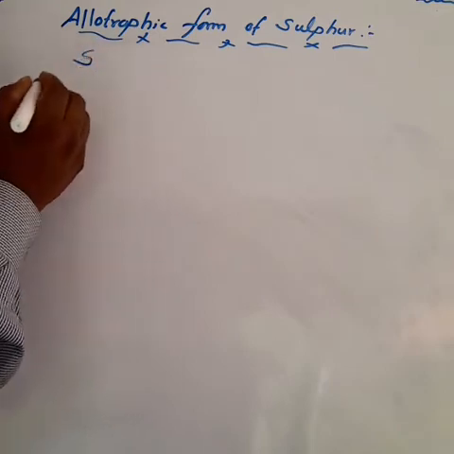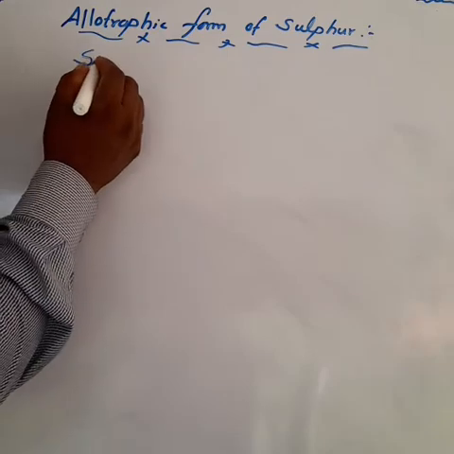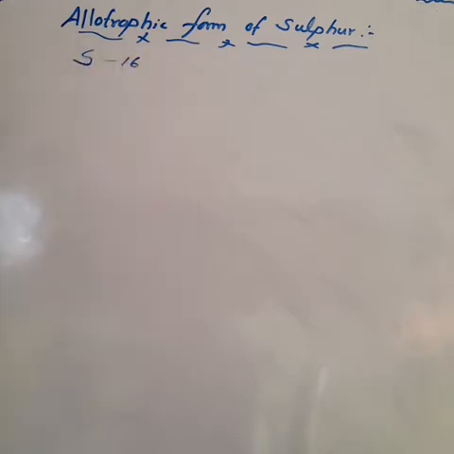Sulfur, all of you know about sulfur. The symbol of sulfur is S. The atomic number of sulfur is 16. Don't forget that. Sulfur, isotope sulfur 32, atomic mass 32, and the electronic configuration is neon, which is atomic number 10, then 3s2 3p4.